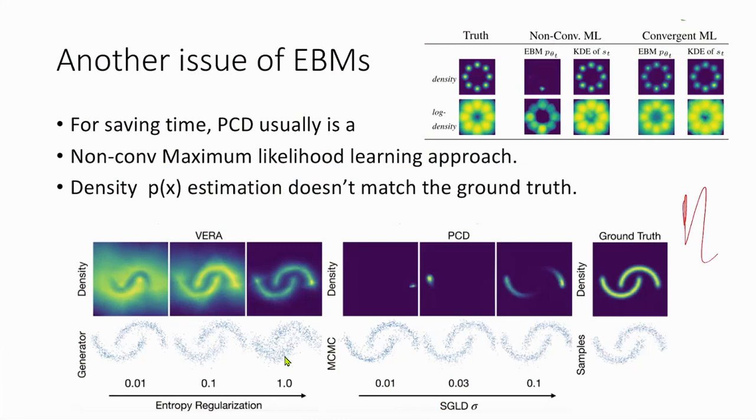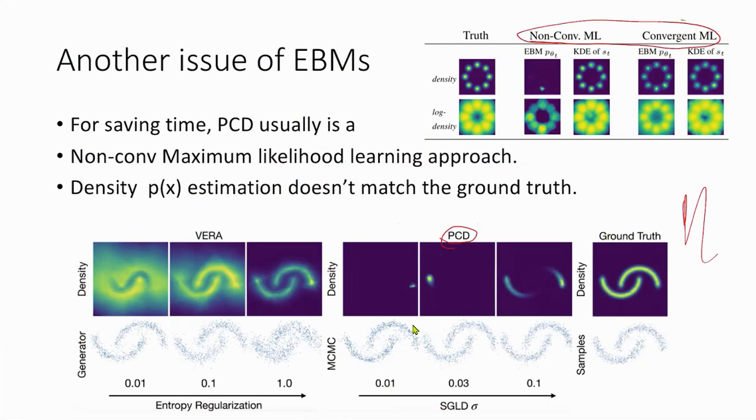We can see previous existing works have shown that there are two types of energy-based model training, one non-convergent and one convergent. For the non-convergent, for example PCD here, they can sample good samples, very similar to the ground truth.